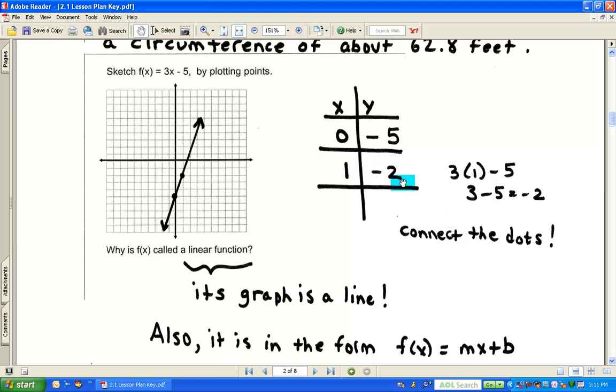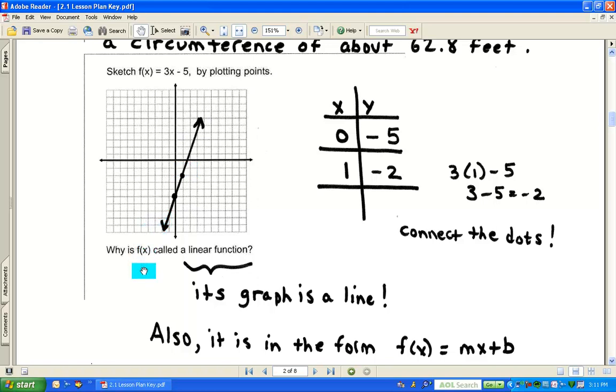Therefore, I've created 2 ordered pairs. Follow me. Where the cursor is flashing right now is the ordered pair 0, negative 5. Where I'm now moving the cursor to is the ordered pair 1, negative 2. X is 1, y is negative 2. And we now take out a ruler and we connect the 2 points and we have our entire line.